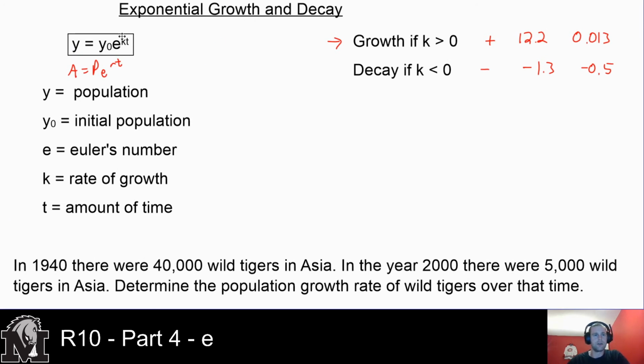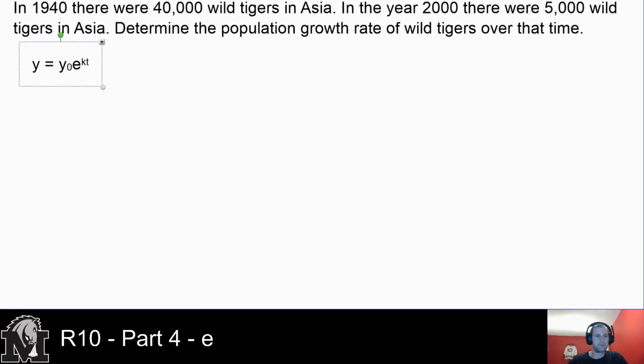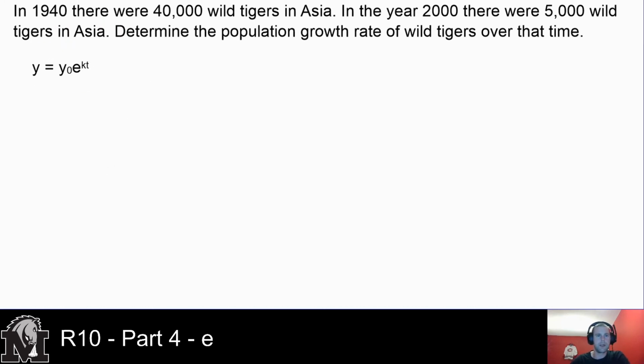So we're just going to steal this guy right here and bring him down to our question. So again, y is the accumulated total, or the final population. So our final population in this case is 5,000 tigers. y0 is the initial population, so that's 40,000.